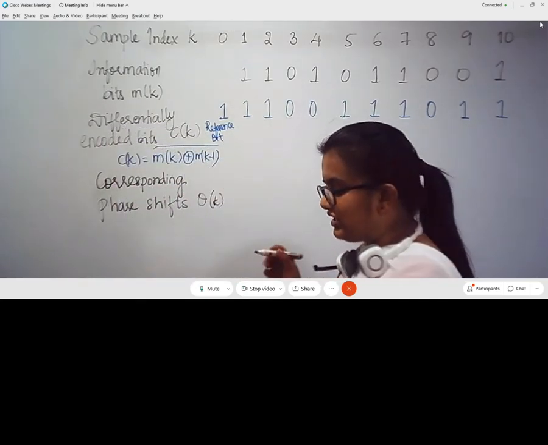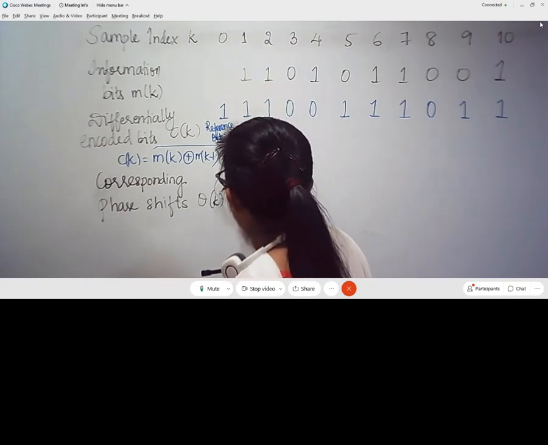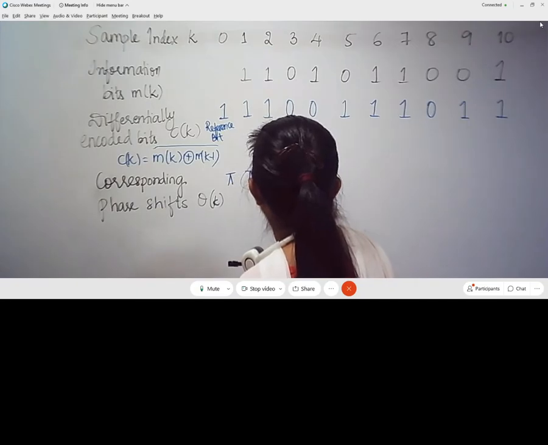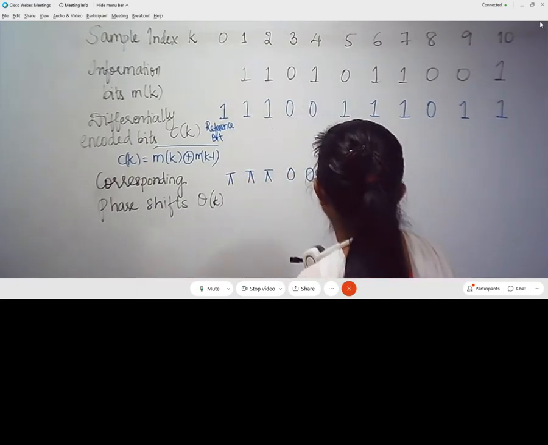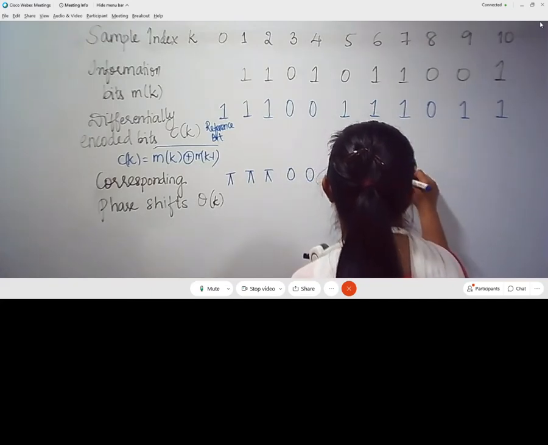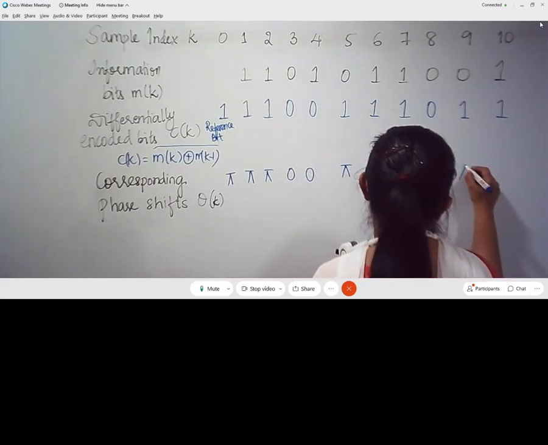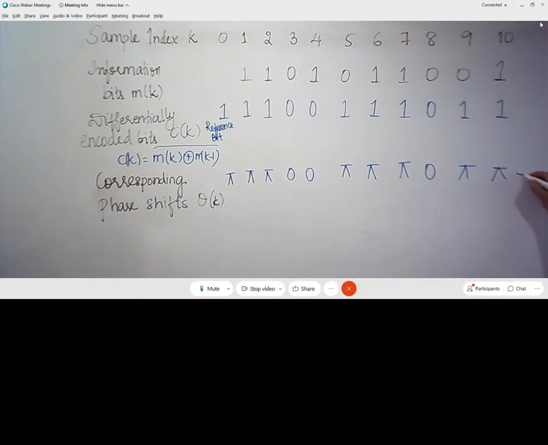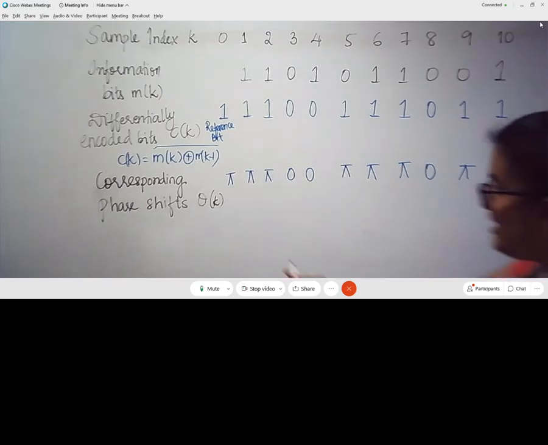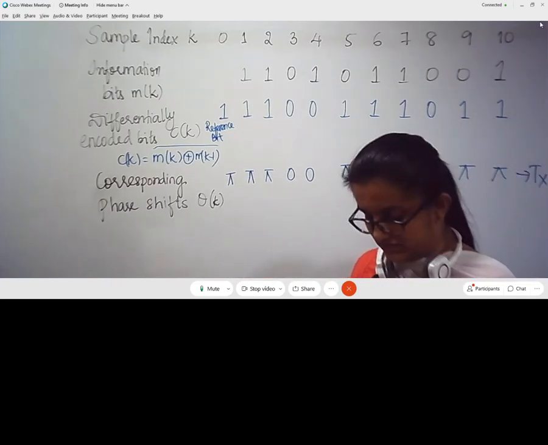Here theta k is such that all the bit ones are represented with pi phase, that is 180 degrees, and 0 bits are represented with 0 phase, which is the normal simple BPSK representation. So this theta k is what is going to get transmitted.